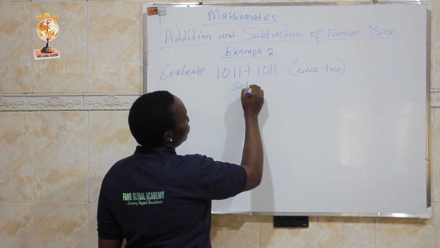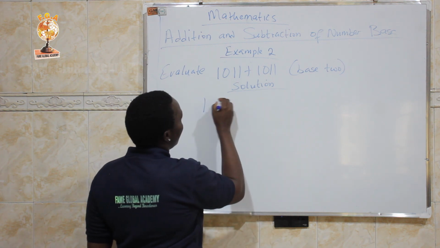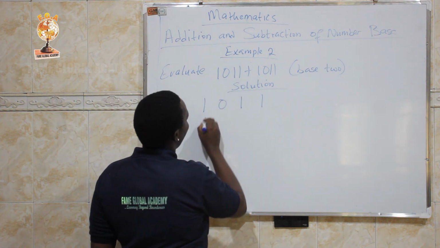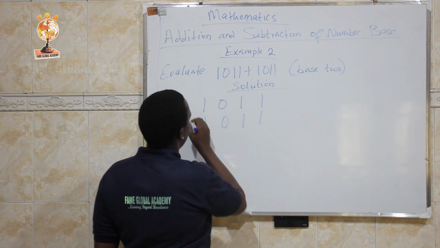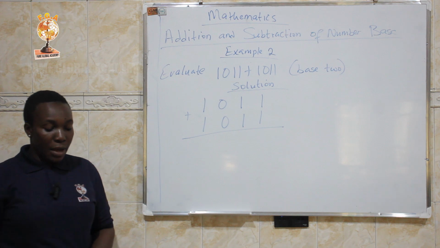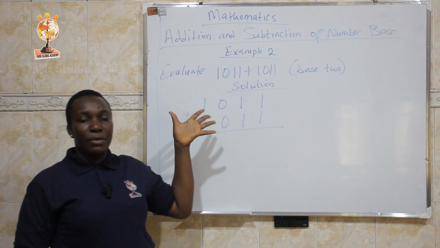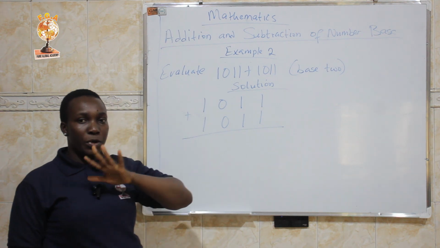Okay. Solution. So here we have 1011, 1011. Put your addition sign, you roll. Now in binary, normally binary as a whole is a different topic on its own.